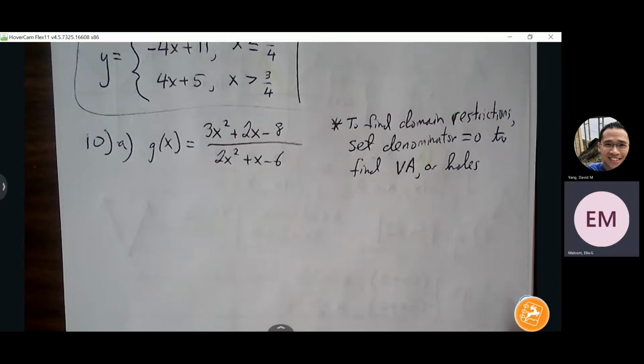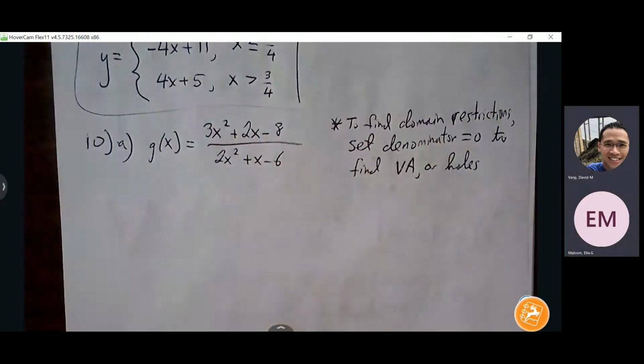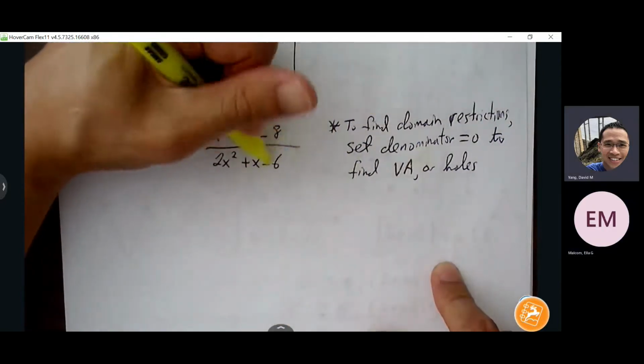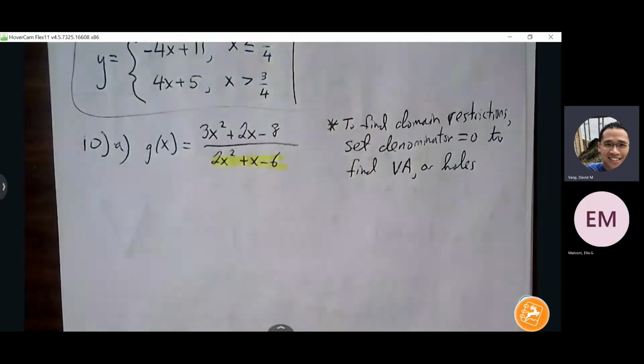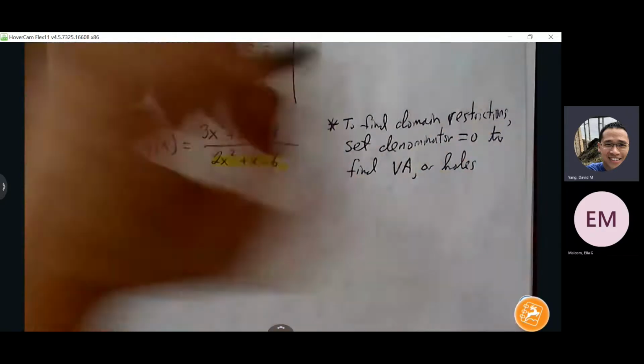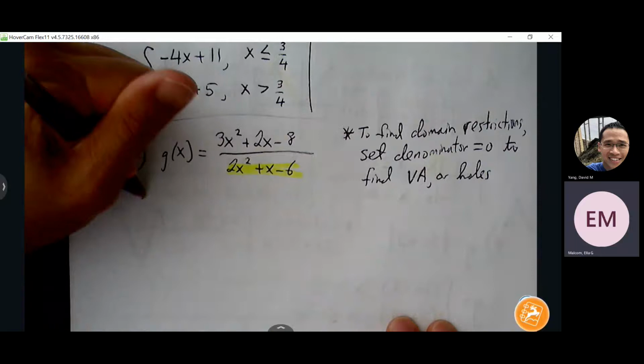Okay. So we're focusing purely on just the denominator. Don't have to worry about the numerator, at least not for these rational functions. Okay.